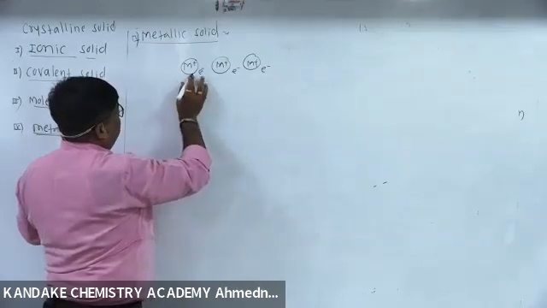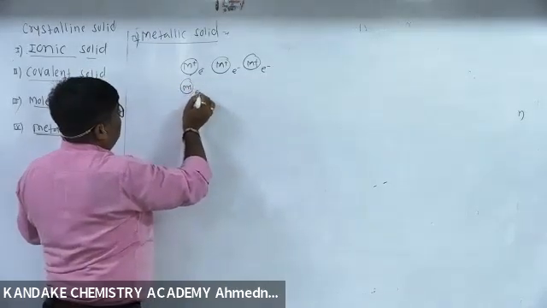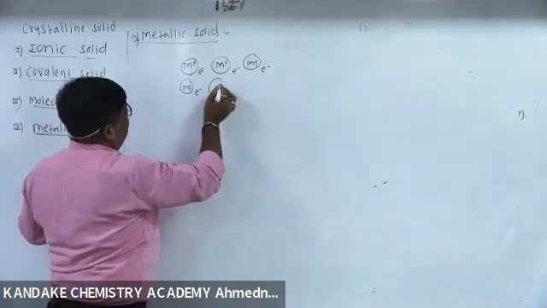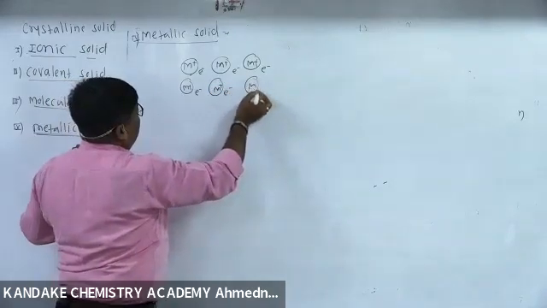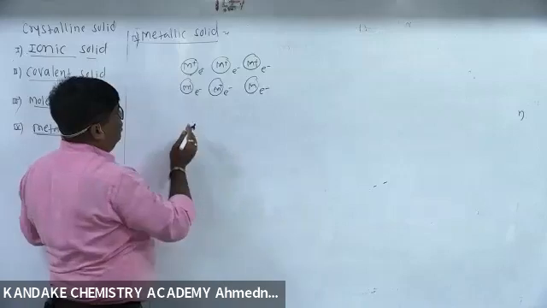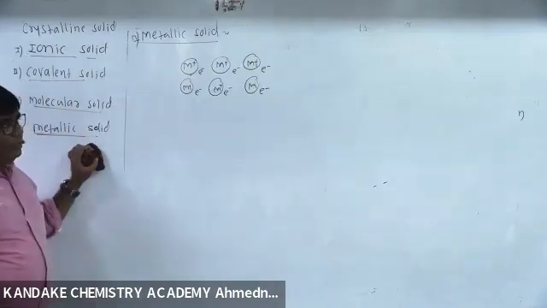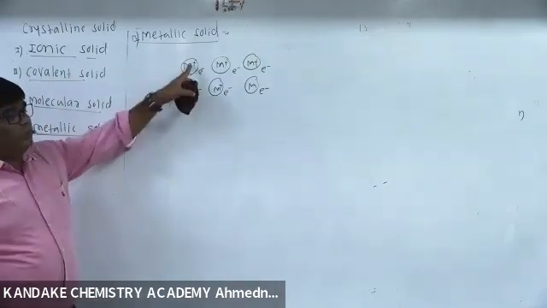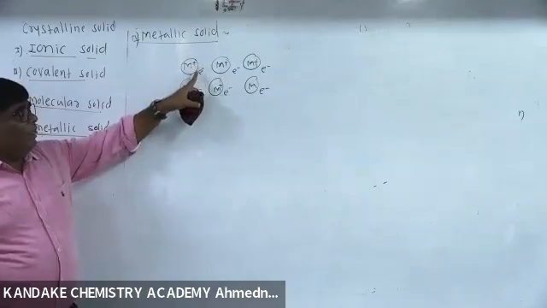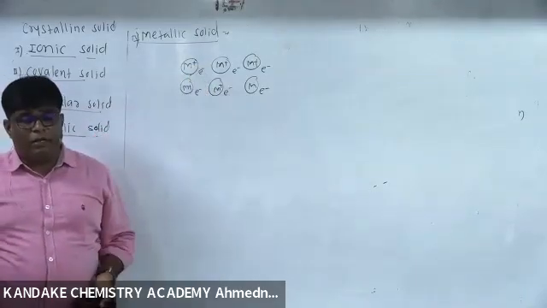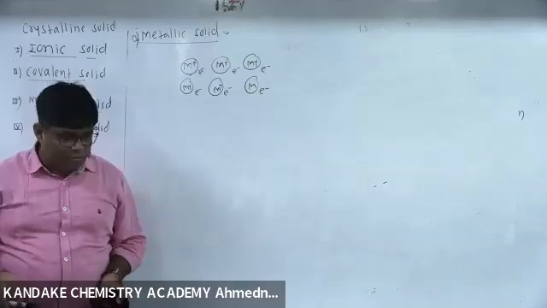This is also M plus, electrons, M plus, electrons. So here a number of layers are there. In each layer, what happened? Positively charged metal ions are there, and that large number of electrons is also known as a sea of electrons.